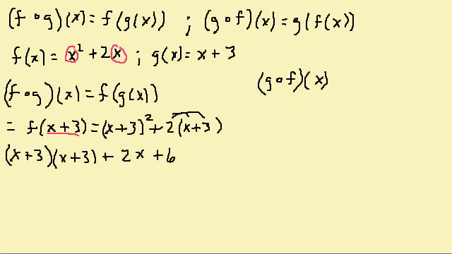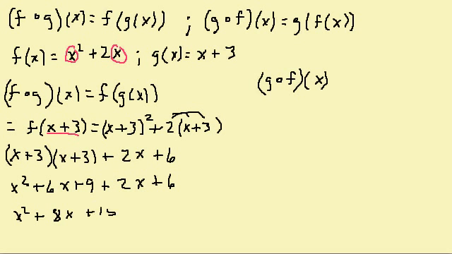X times x is x squared, x times 3 is 3x, 3 times x is 3x, so 3x plus 3x is 6x plus 9 plus 2x plus 6. And then we combine like terms, so we get x squared plus 6x plus 2x is 8x, and then 9 plus 6 is 15. And there's our answer.